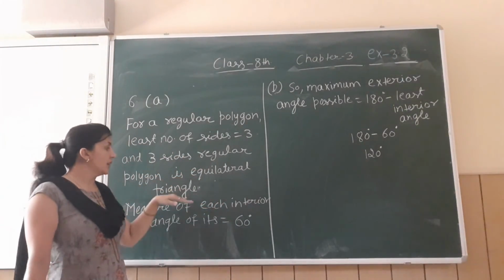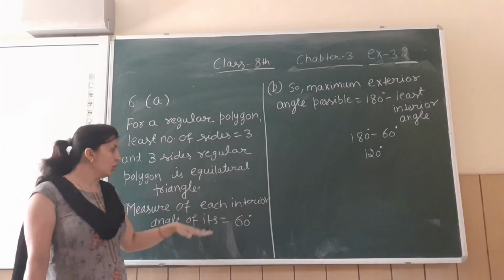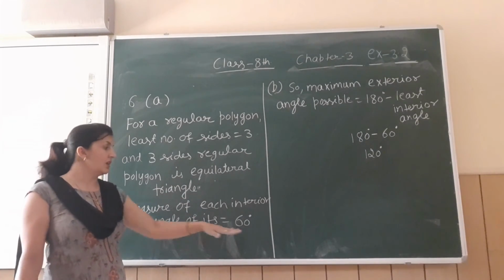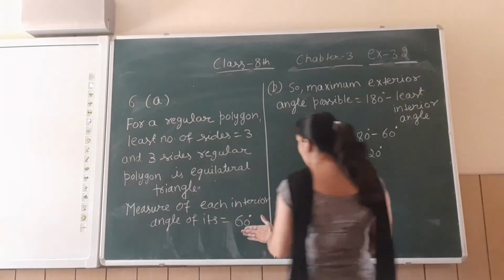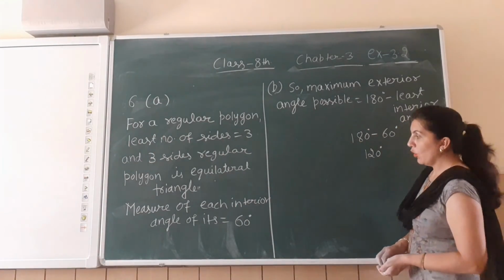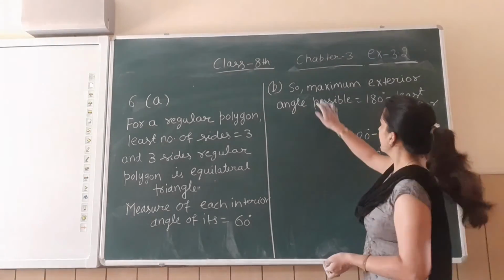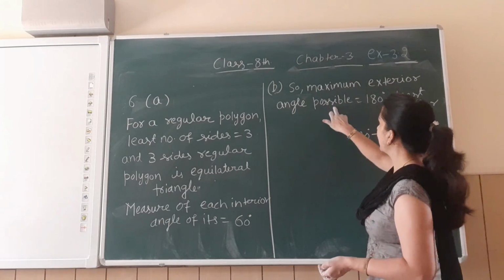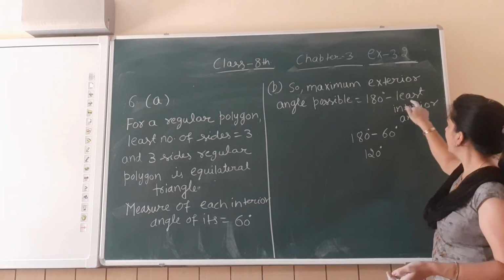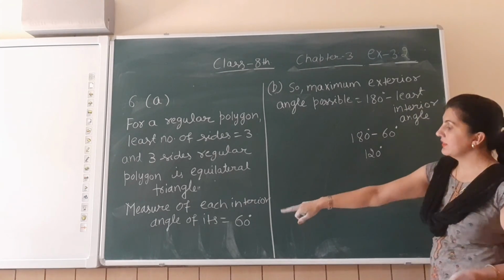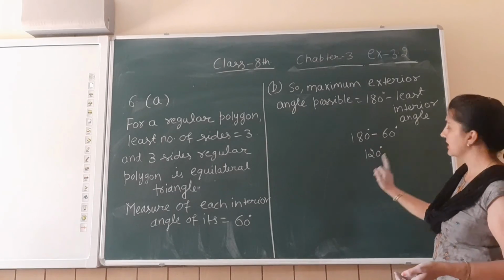It is an equilateral triangle. And what is the measure of each interior angle of an equilateral triangle? It is 60 degrees. Now, if 60 degrees is the least interior angle of a regular polygon, then what will be the maximum exterior angle? The maximum exterior angle possible is 180 minus the least interior angle, 180 minus 60, which is 120.